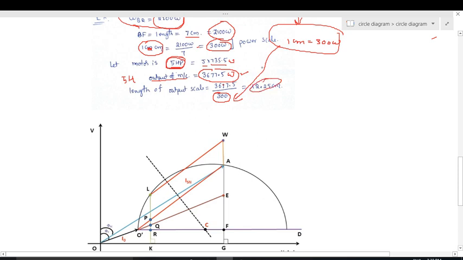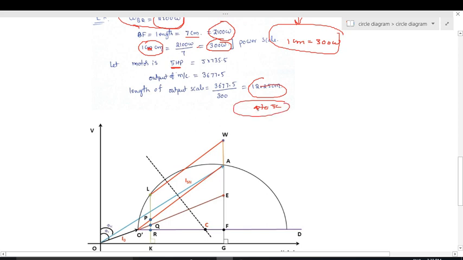How to draw the output length? Generally this will never be 12 centimeters, but I assumed that, so different lengths will come. Generally 4 to 5 centimeters, a small length compared to the previous one.